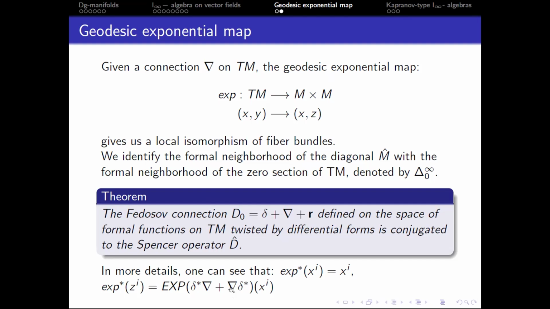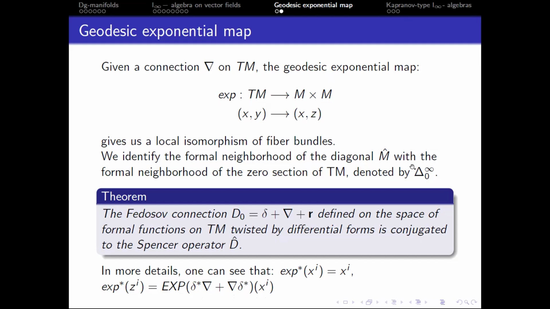We just iterate: we start with the identity, then we apply this operator, and the kth term will be 1 over k factorial times this expression applied k times to this coordinate xi. This is how you can understand the coordinate of the tangent vector.